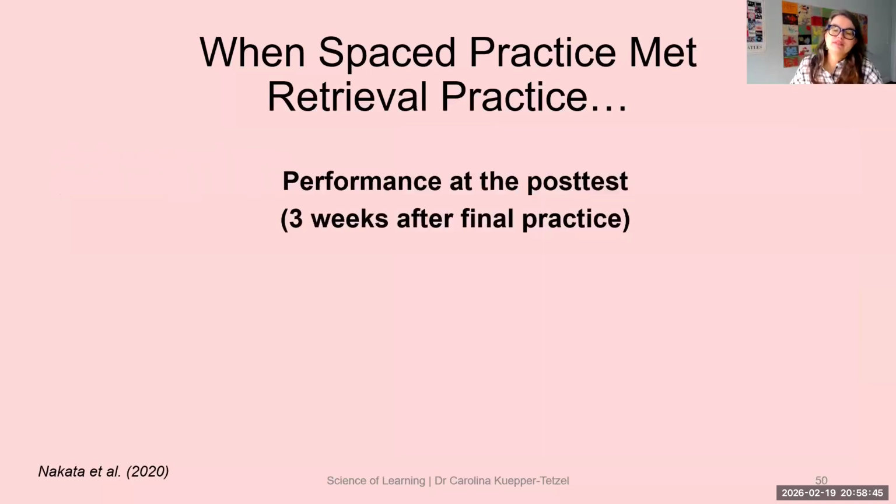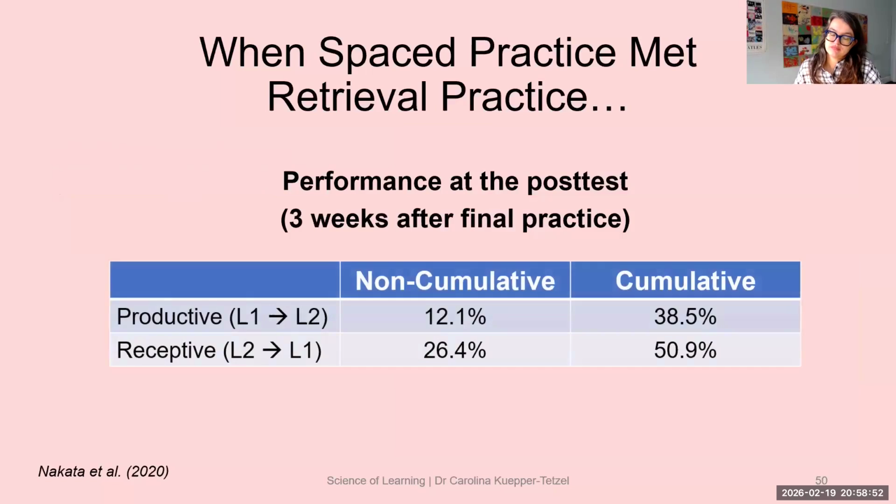But what happens on a test later on, 3 weeks after final practice? What we see here is that for productive and receptive tests, so L1 to L2 or L2 to L1, in both of those tests, we find that the cumulative weekly quizzes were better in retaining the information than the non-cumulative ones.